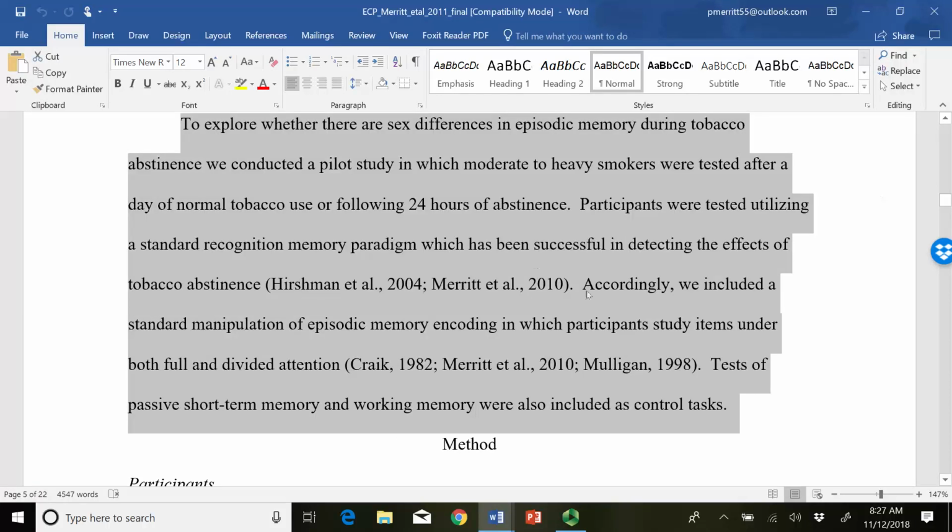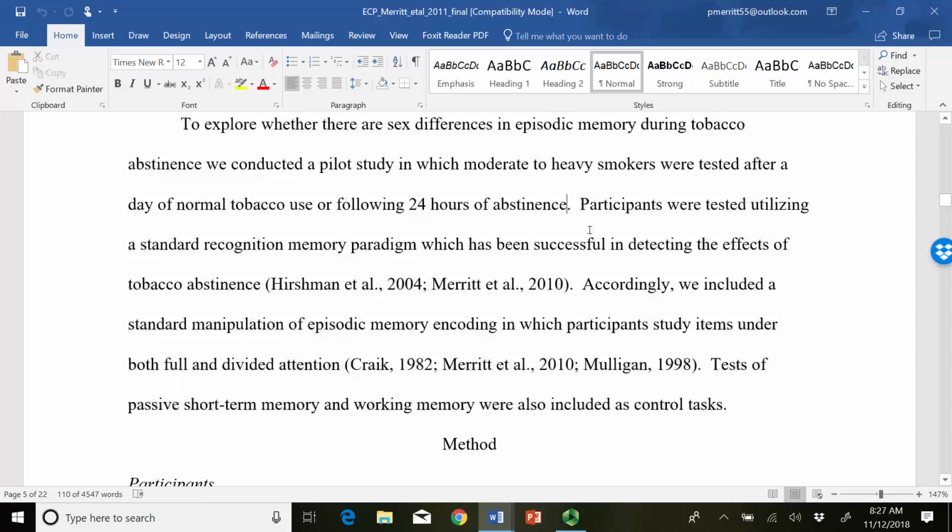So this sets up what the study is, and while in this particular case this was an exploratory pilot study, this is where you would put your specific hypothesis. If I were doing a follow-up study to this study, I would say based on previous research, we expect the following.